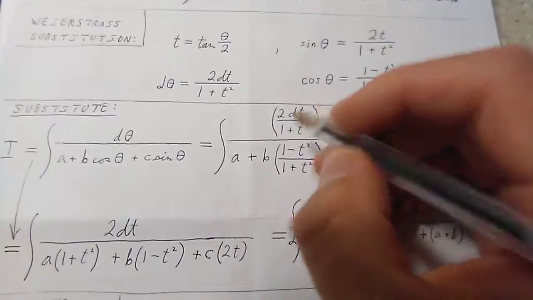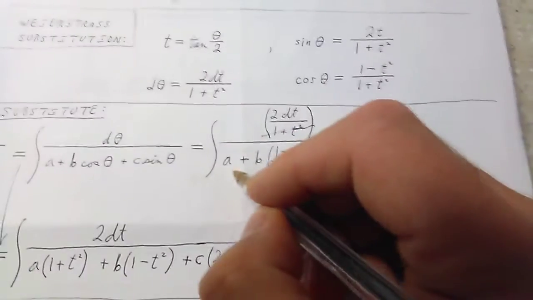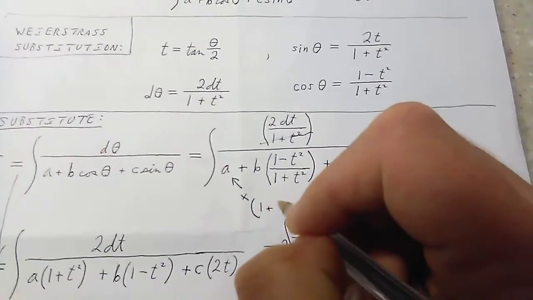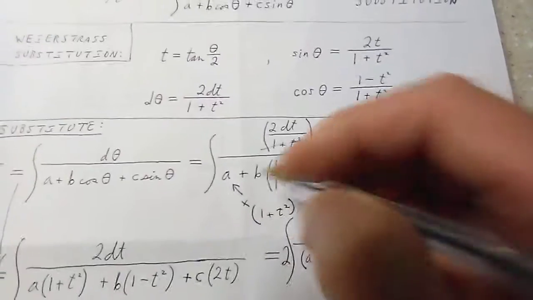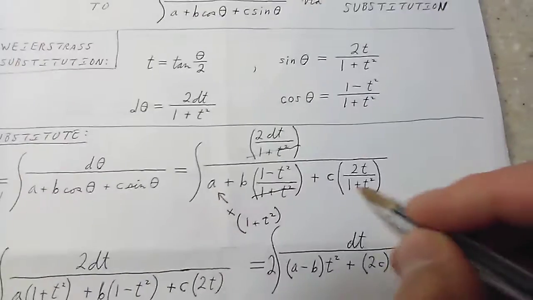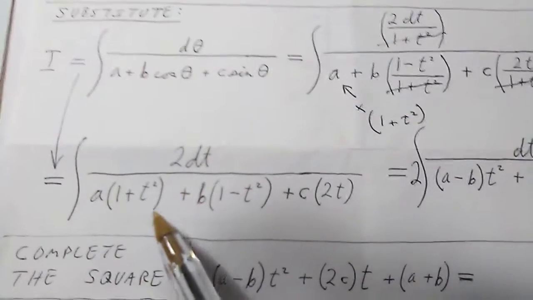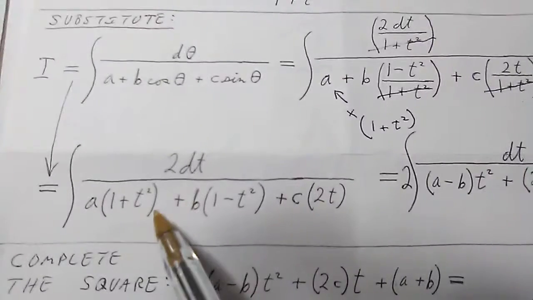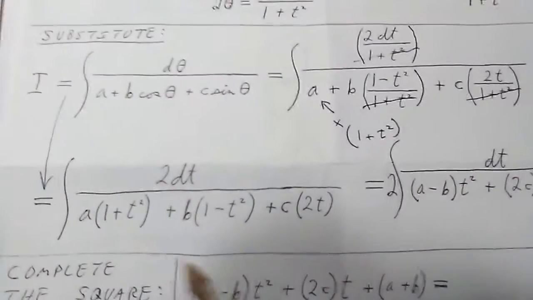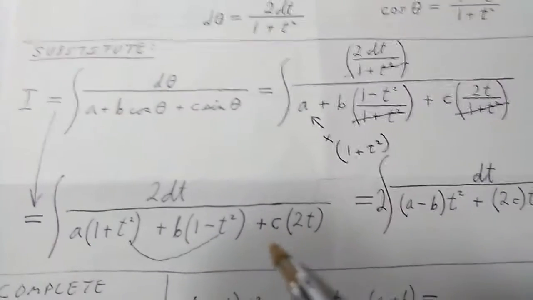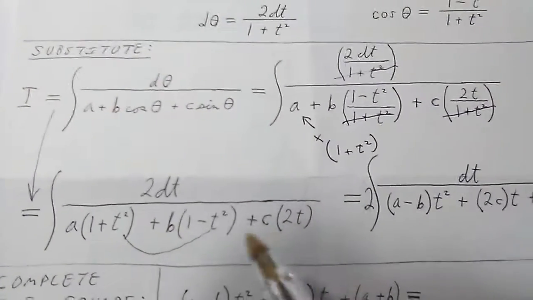And basically these terms, you've got to multiply times 1 plus t squared, and then cross this out, and now we have this nice little fruit salad thing down here, a, b, c, and we need to go ahead and sum up the terms for t squared, and I think there's only one multiple here for t.